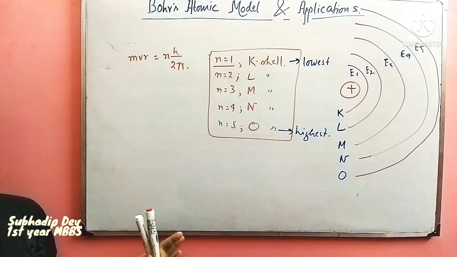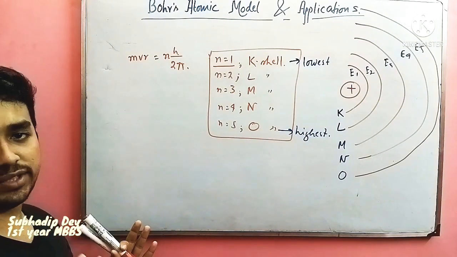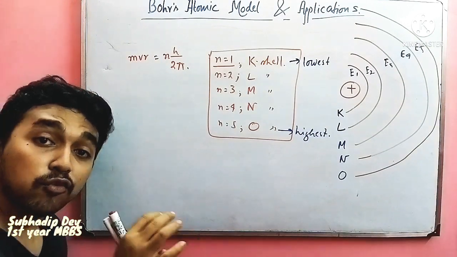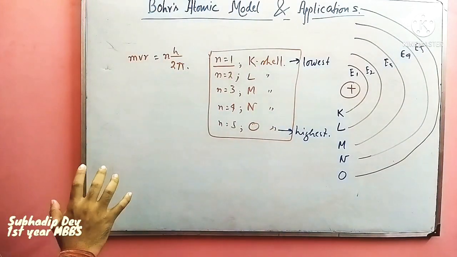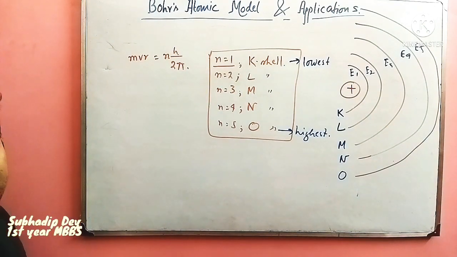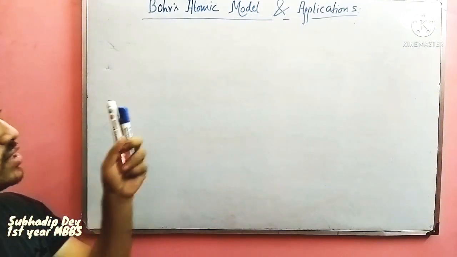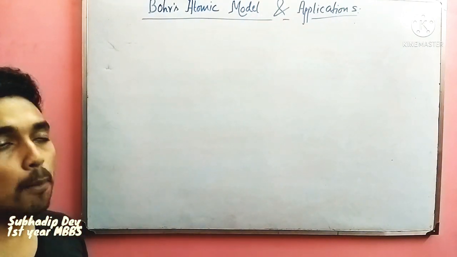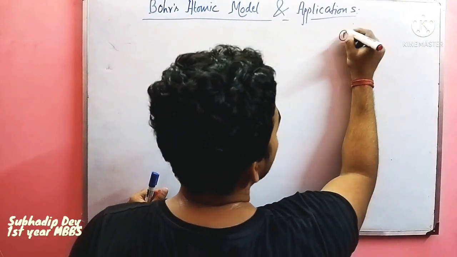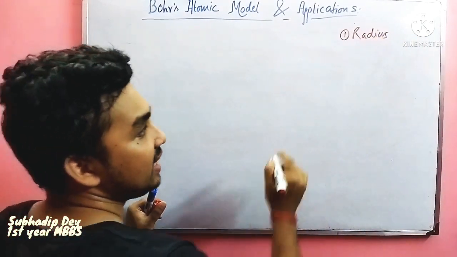We will not go into the derivation of the applications because those are not needed. We will just take the fruits from those huge trees. Okay, so let's go to the applications. We will divide the applications of Bohr's atomic model into 3 parts. Firstly, we will see the radius of a specific orbit.